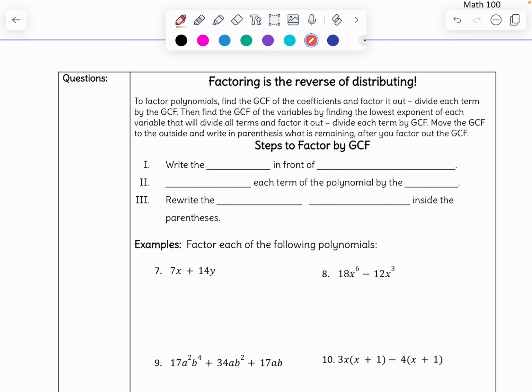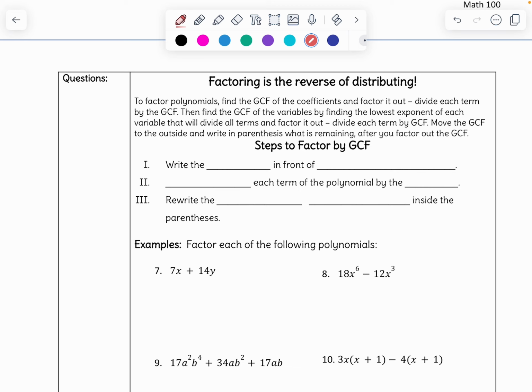Divide each term by the GCF. Then find the GCF of the variables by finding the lowest exponent of each variable that will divide all terms and factor it out. Divide each term by the GCF.